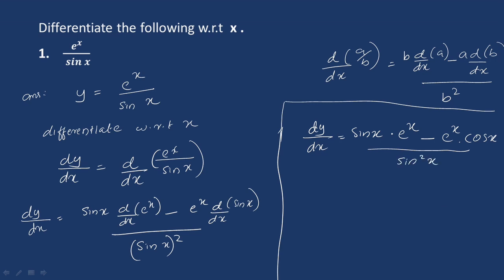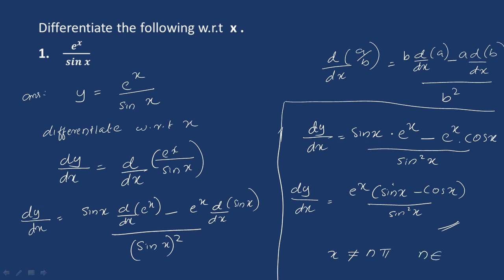So we have dy by dx is equal to, we will be taking e raised to x common from the numerator, e raised to x into sin x minus cos x divided by sin square x. So we have the condition for x, that is x should not be equal to n pi, where n belongs to integers.